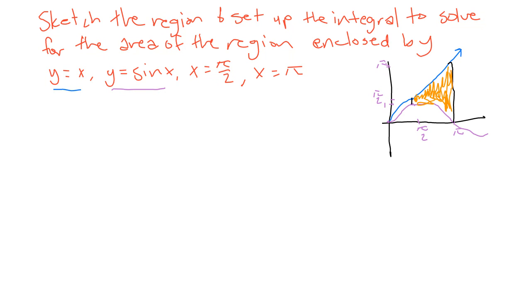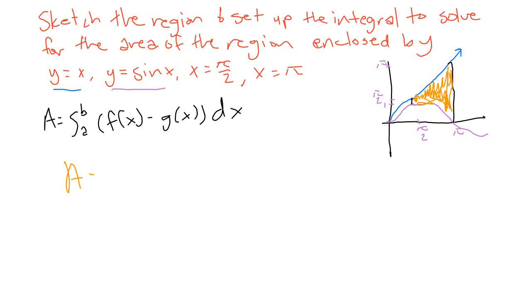So if we're going to set up the integral, our basic setup is the integral from a to b of f of x minus g of x dx. Using what we have, our bounds are going to be from pi over 2 to pi.